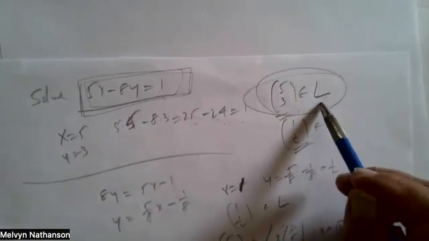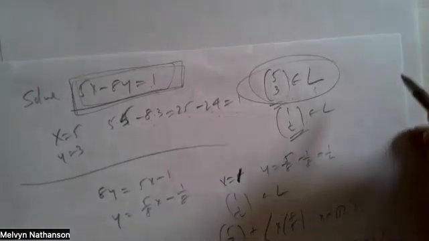So the vector (5, 3) is a solution. I just found that by guessing and trial and error. So it could be any vector from L? Correct, it doesn't have to be. Like I could have chosen (1, 1/2).